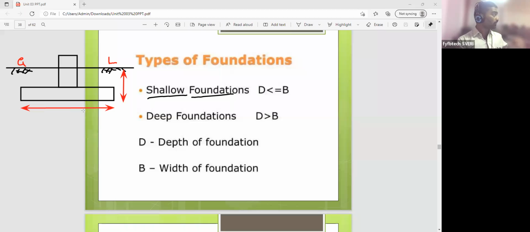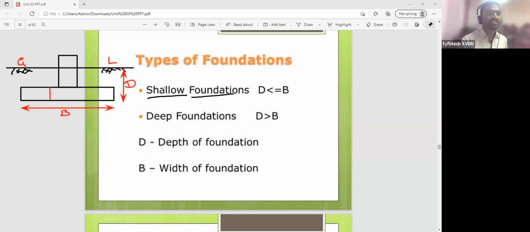See, depth of the footing is different, depth of the foundation is different. Whatever I have written here, from ground level to the bed of your footing, this is the depth of the foundation. This is the depth of the footing only, the thickness of concrete you have poured is called the depth of the footing. Then this is the width.